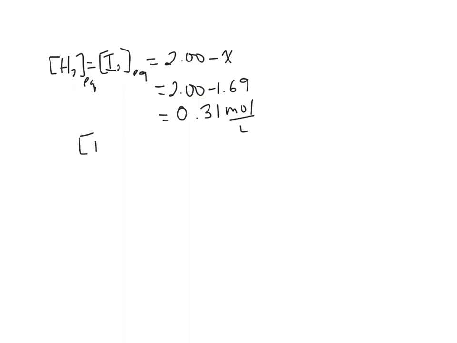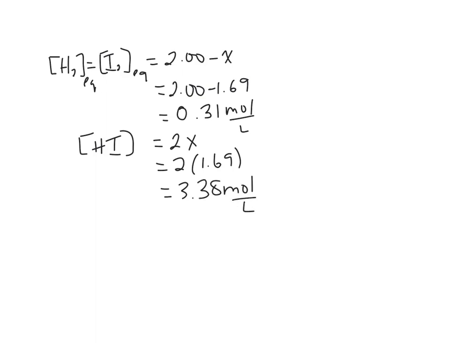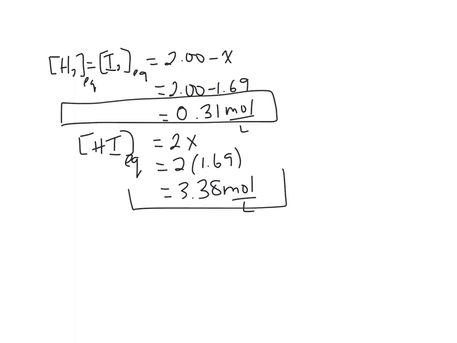The concentration of HBr is 2x, so 2 times 1.69, so 3.38 moles per liter. So here we have our equilibrium concentrations solved for this question. So that's basic calculations to find equilibrium constant values or the equilibrium concentrations of our entities.